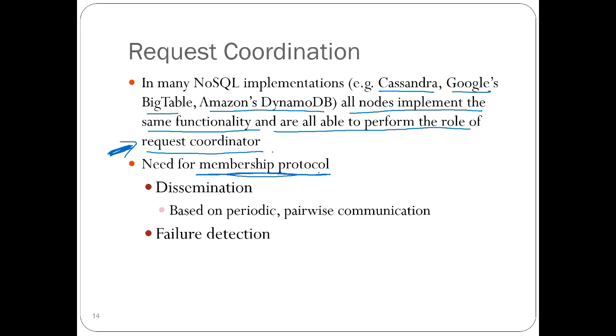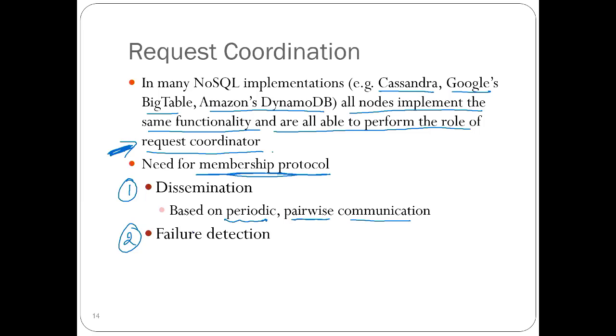These are dissemination and failure detection. Right? So what is dissemination? Dissemination is the communication that is happening between two nodes pairwise. It's a pairwise communication, and that happens periodically, right?